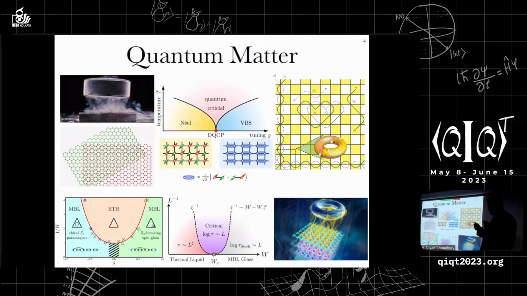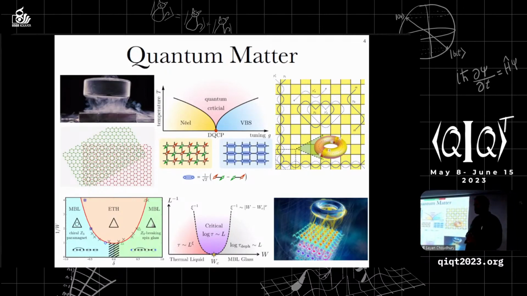You can get systems which show fractional charges, or you can get fractonic systems where the individual degrees of freedom cannot move, but a collection of quantum particles can move together, and so on. These are inherently very exciting systems, and this has been the subject of study of quantum condensed matter for several decades now.